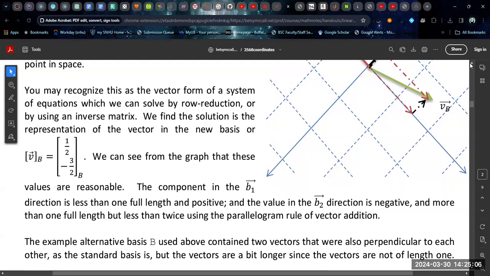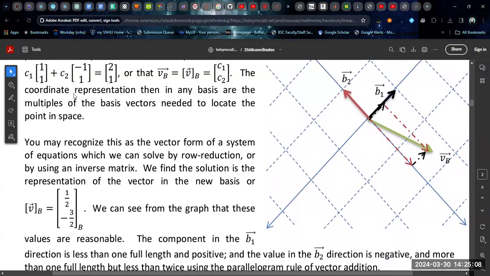And so I can actually put this into a matrix: (1, 1) in the first column, (-1, 1) in the second column, and (2, -1) in the third column, and then row reduce that to get my coefficients.